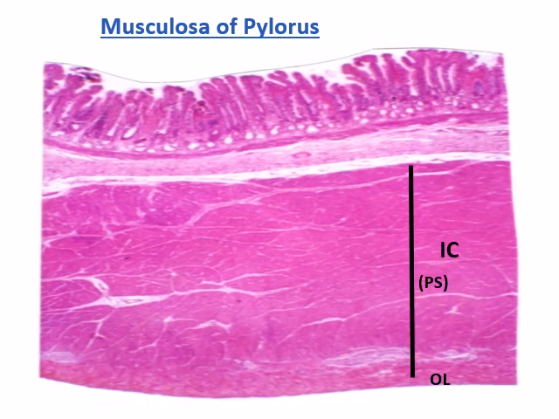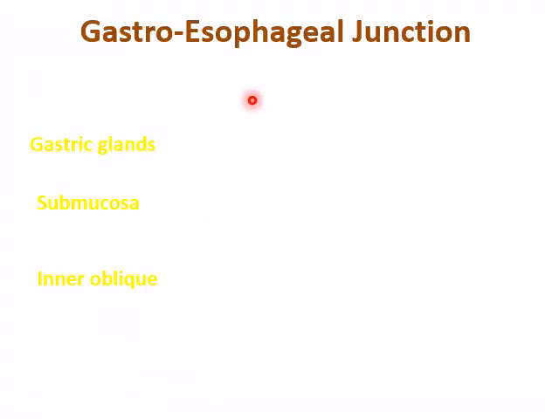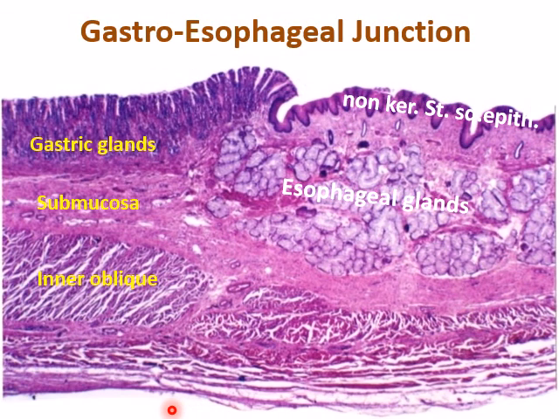For the data show slide, we have the fundus, pylorus, and gastroesophageal junction. Gastroesophageal junction, long strip. From one side here, I can see, as if I'm saying, the esophagus: non-keratinized stratified squamous epithelium. In the submucosa, I'm having mucous glands, and this is the muscle layer, inner circular, outer longitudinal.